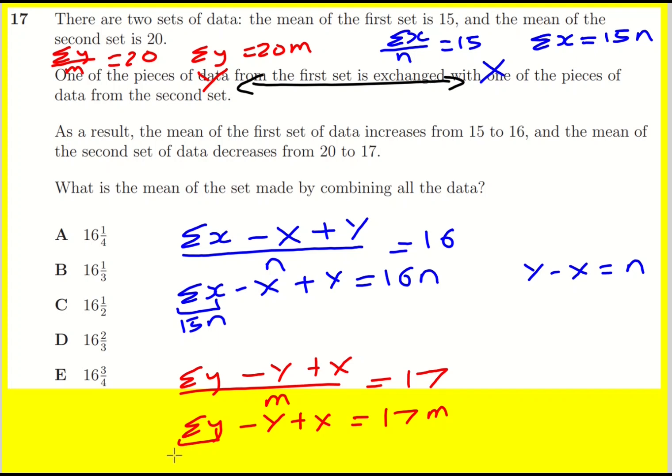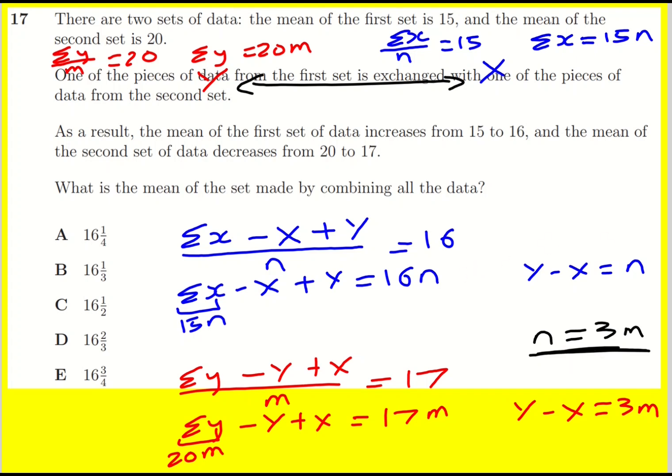This here is equal to 20m. So then minus y plus x is going to be minus 3m. That means y minus x is going to be 3m. And that's really useful because what that actually tells us is that n is equal to 3m. We now have a comparison between the amount of data in each set.